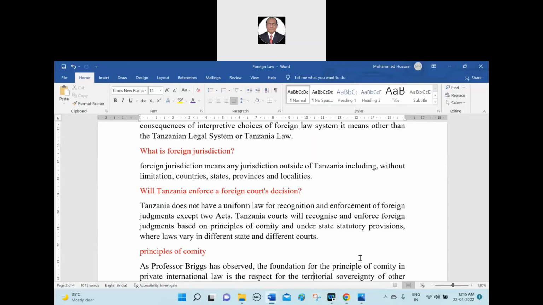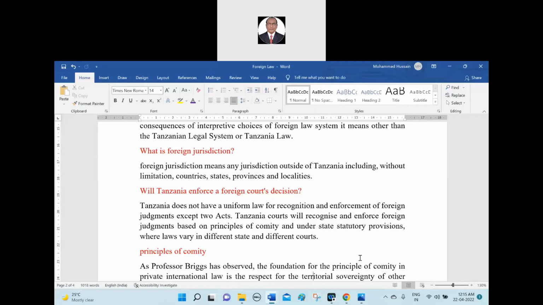Suppose you are going from Moshi to Bukoba and they offer you a good type of banana and you enjoy it. When you come from Bukoba to Moshi, what is famous in Moshi? Also banana. You also give a good variety of banana, because you were treated that way when you went to Bukoba. The same treatment should be there when they come to Moshi.